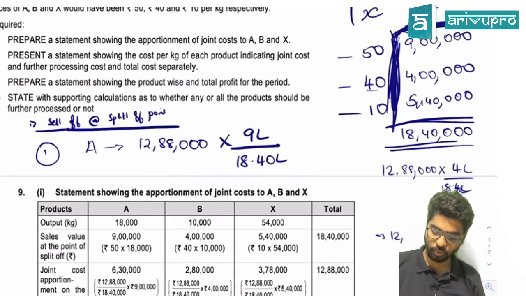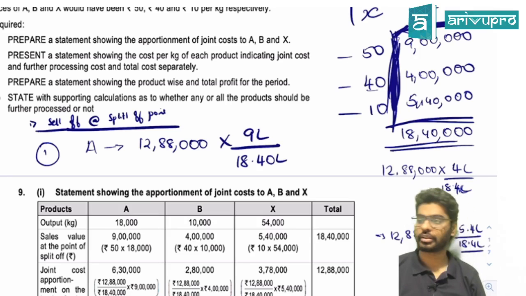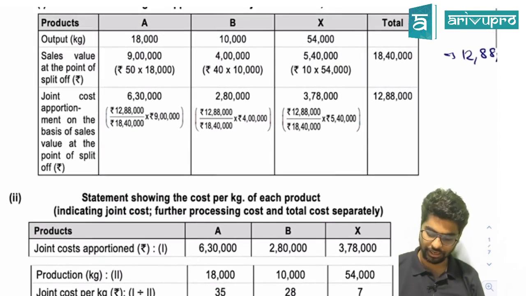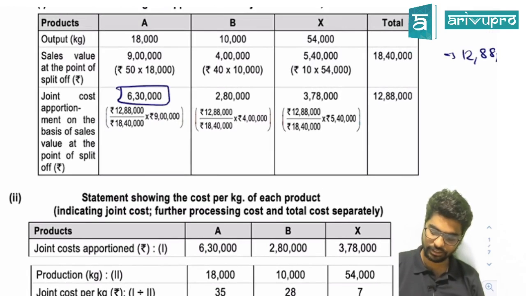For C again 12.88 lakh into 5.4 lakh divided by 18.4 lakh. Are you clear? So, when I do this, I will end up getting 630, 280 and 378.